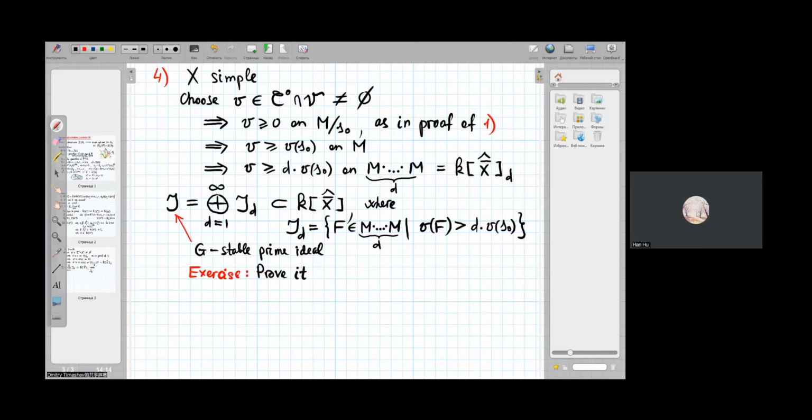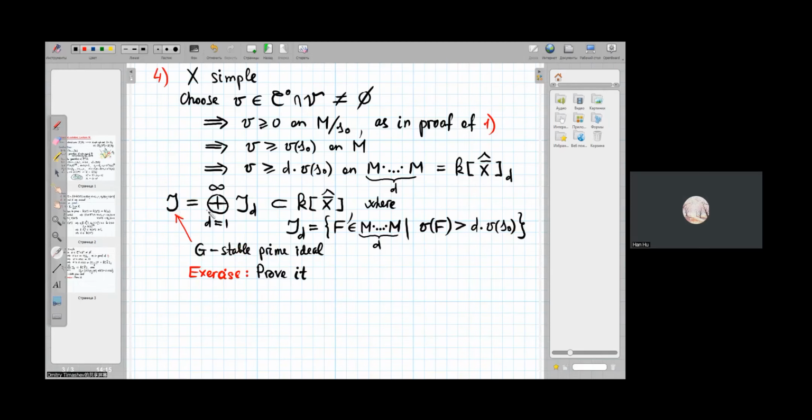Well, G invariance is more or less obvious, because this condition is G invariant, since you have just a constant on the right and V is a G invariant valuation. So when you act on F by some element of G, nothing changes here. It easily follows from the defining properties of valuations that this I is indeed an ideal, and it is a prime ideal.